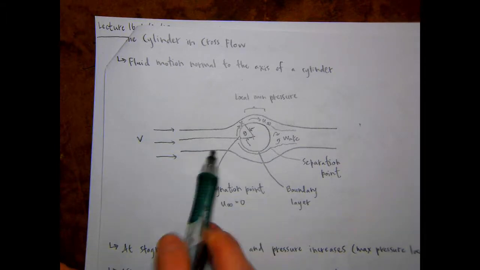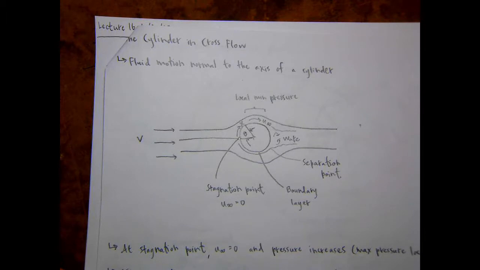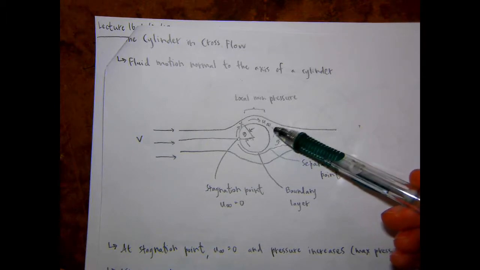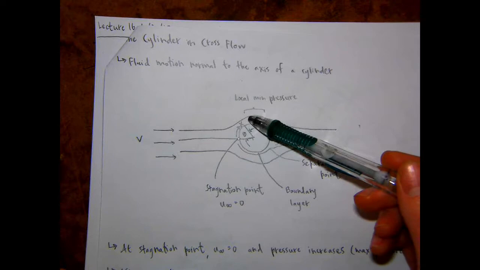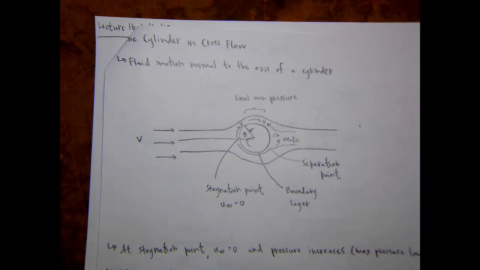So it's being pushed forward by the pressure and then pushed backward by the pressure as it goes around the cylinder. And we talked about how that contributes to boundary layer separation at some point behind the cylinder, or toward the top of the cylinder, and how that creates a wake downstream.